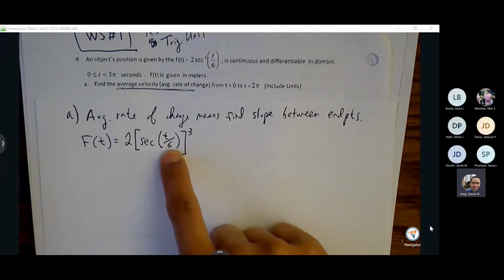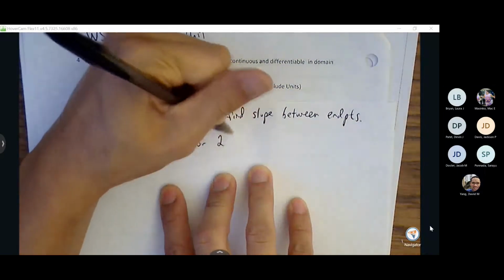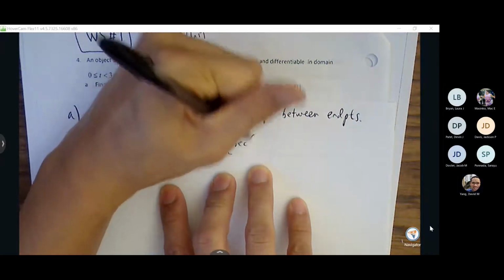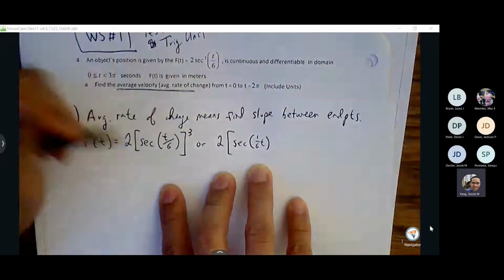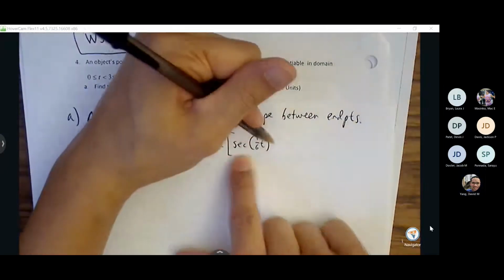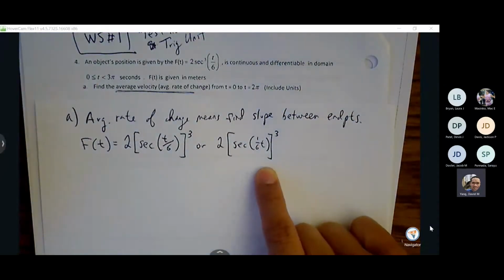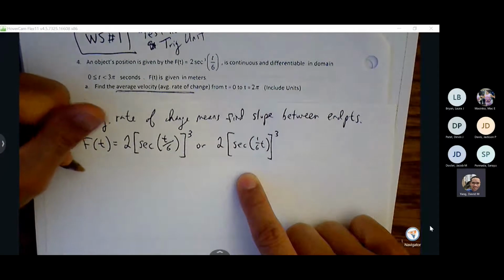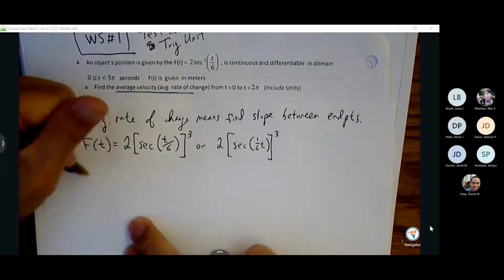I can make this 1 over 6 times t as well. If you don't want to deal with fractions, you can always push it out in front if it makes it easier to look at. Okay. Between 0 and 2 pi.